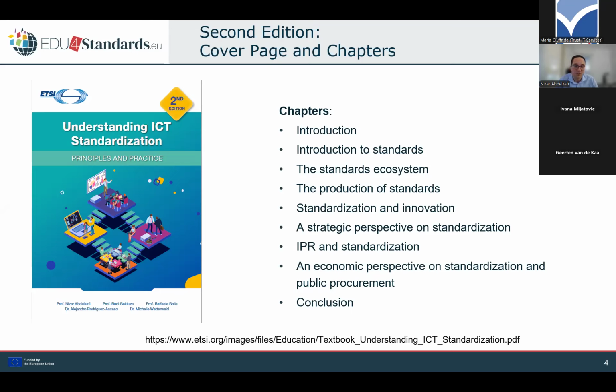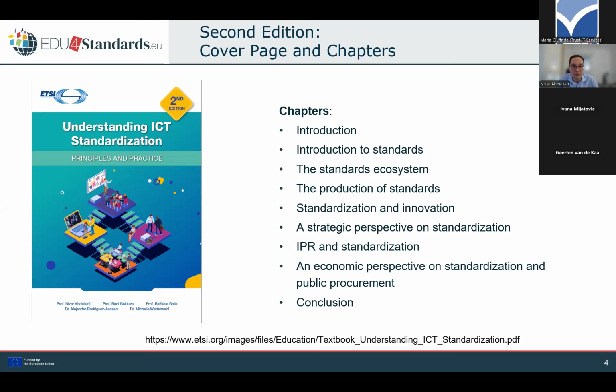The production of standards, the fourth chapter. We have here the TBT principles for the generation of open standards, but also the competencies that professionals need in order to be effective and productive in the creation of standards. We have also a strategic perspective on standardization.